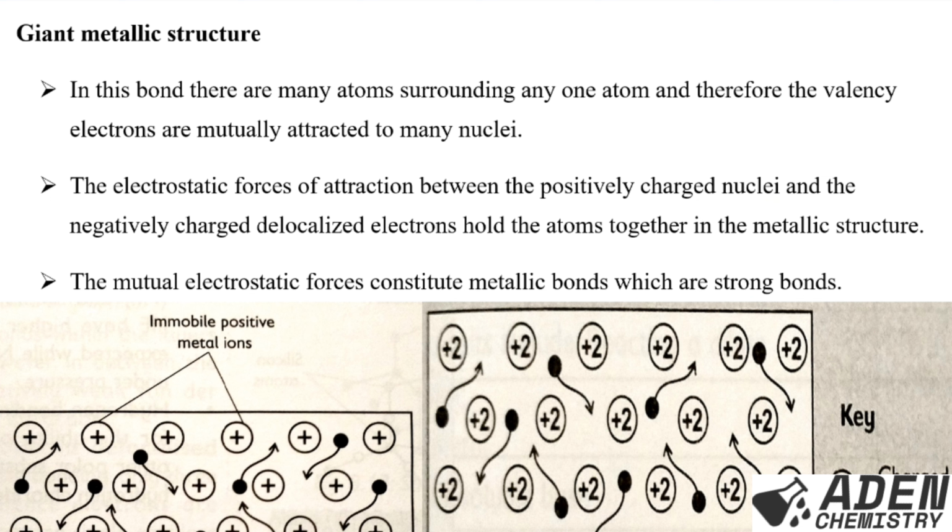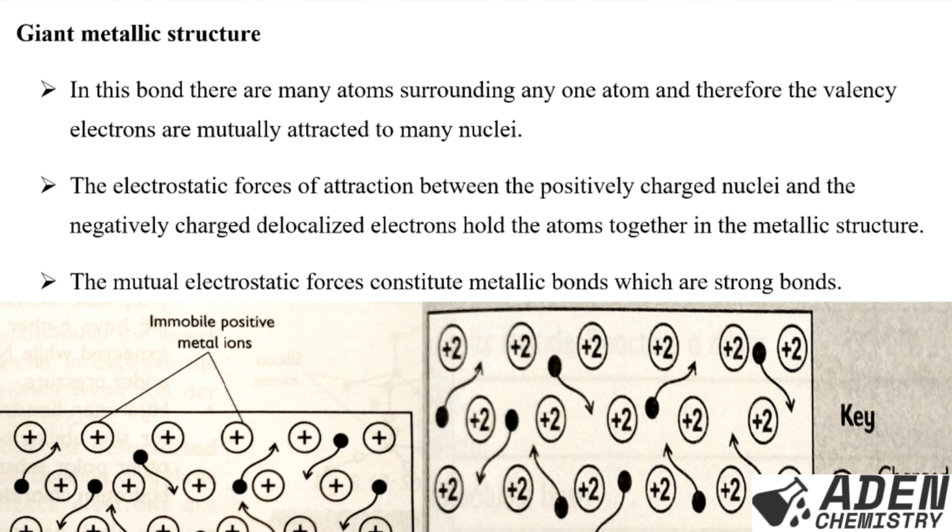Remember, we said an atom is made up of three subatomic particles. One of them is positively charged protons, another is neutrons, which are neutral, and then electrons, which are negatively charged particles.